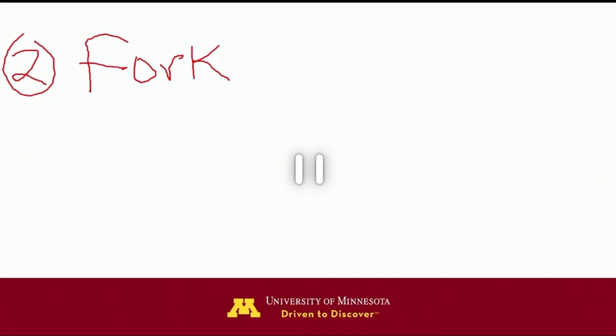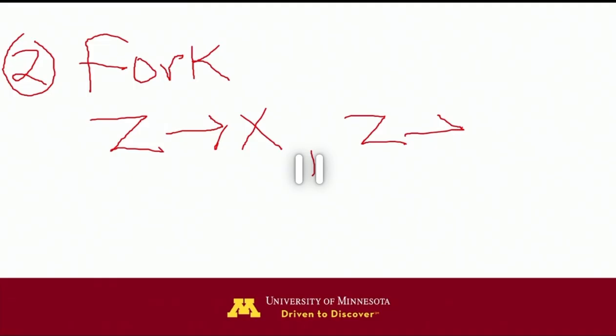So take a look at this situation where Z causes X, and the same Z causes Y. Please pay attention. Can you see what I'm doing here? Z causes X, and the same Z also causes Y.